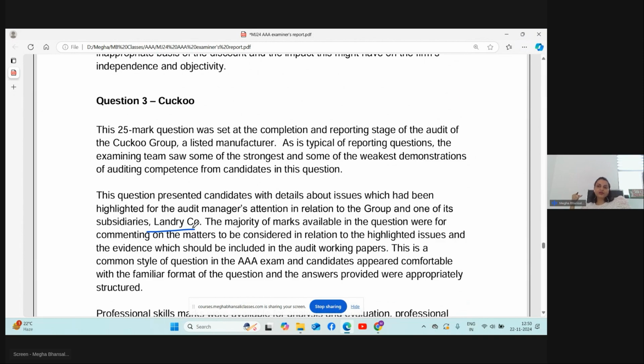Active buyers have been located. They have priced this at an active market price. They are able to sell in the current condition. However, the reporting is not correct. They haven't done a proper disclosure of this as discontinued operation or asset held for sale. So, how do you deal with this in your audit report? That was the scenario in the question.